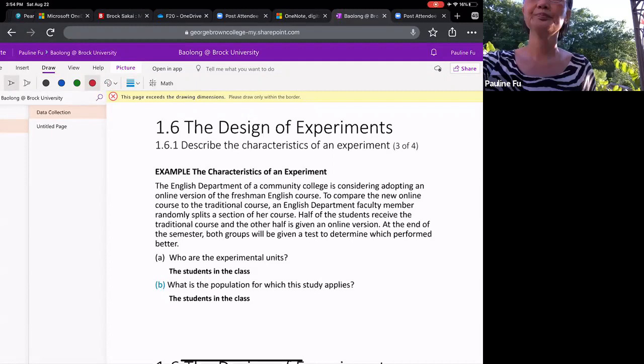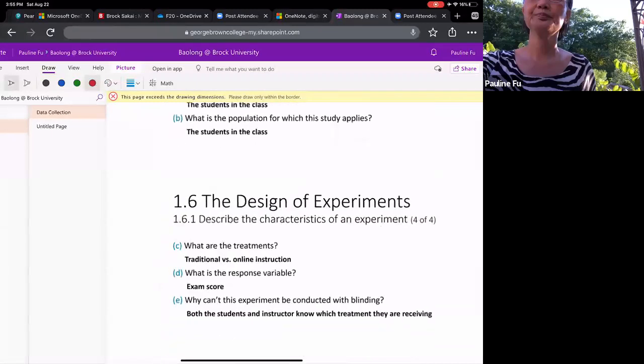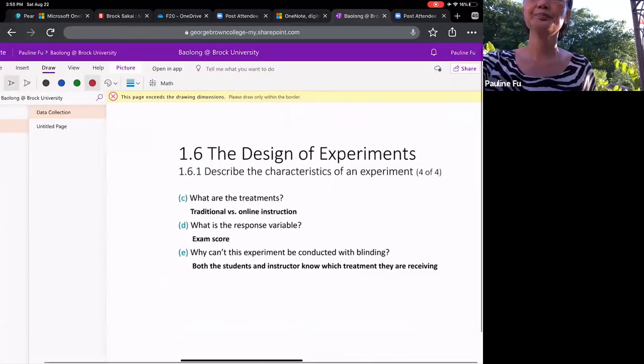So let's go back to this example, question 2, the population. Obviously, all students in that class are the population. Okay. And question 3, what are the treatments? In this example, the traditional delivery method and the online delivery method are the treatments. Okay. Question 4, what is the response variable?